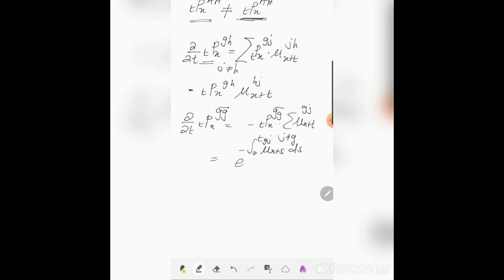So this would have given us a direct solution for our tPx gg bar.